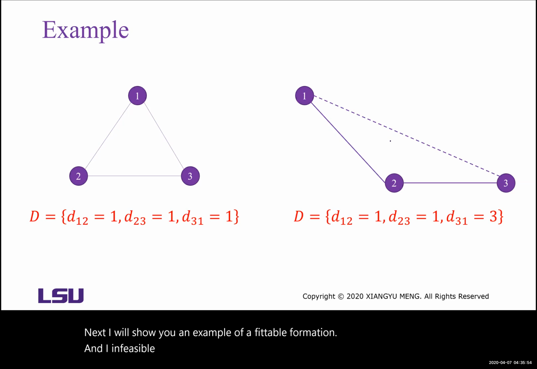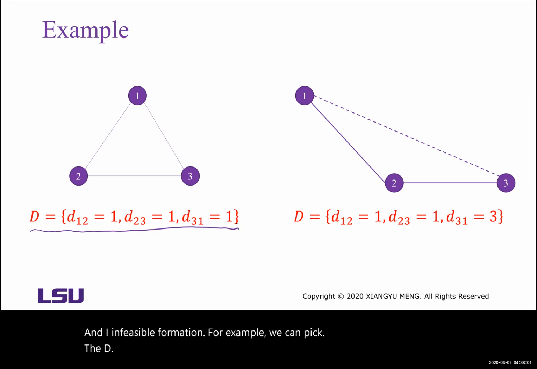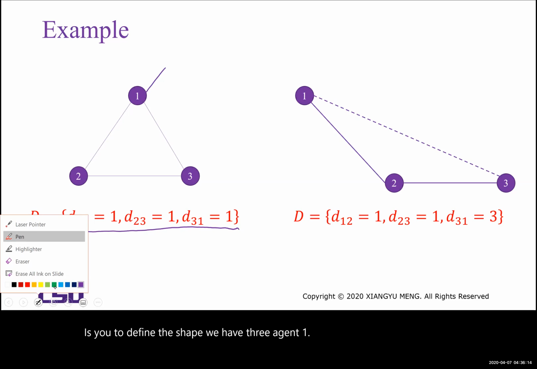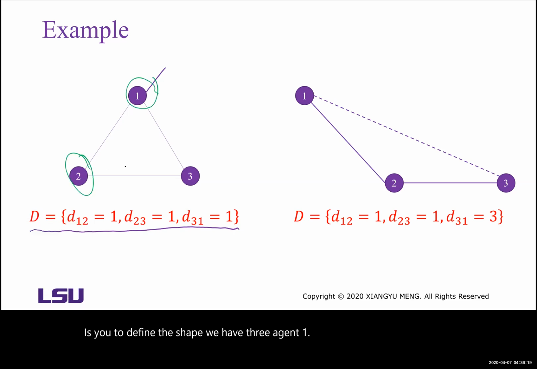For example, the set D is used to define the shape. We have 3 agents: agent 1, agent 2, and agent 3. Then we specify the distance between agent 1 and agent 2 is 1.